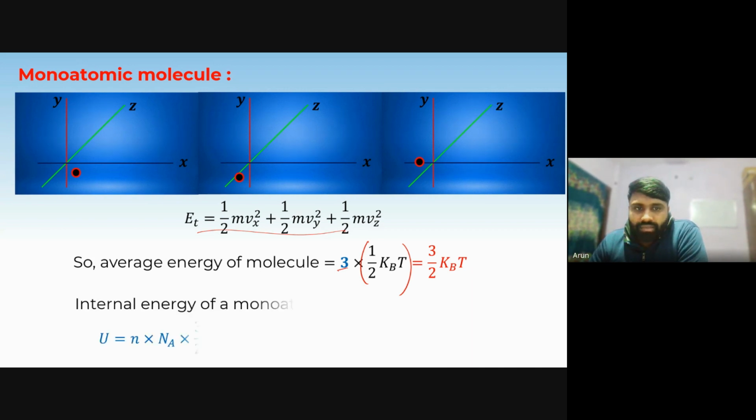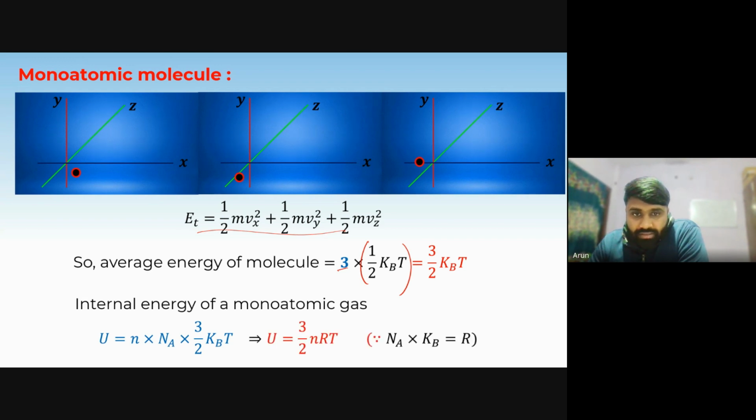So if I talk about the internal energy of a monatomic gas, this you can also consider to be internal energy. For internal energy, N into Na has to be multiplied. So this will become 3 by 2 nRT. Although you don't need to do that, you will only replace this kB.